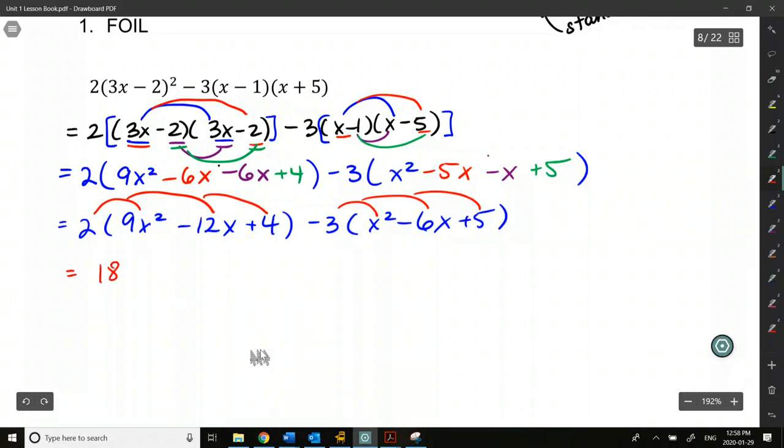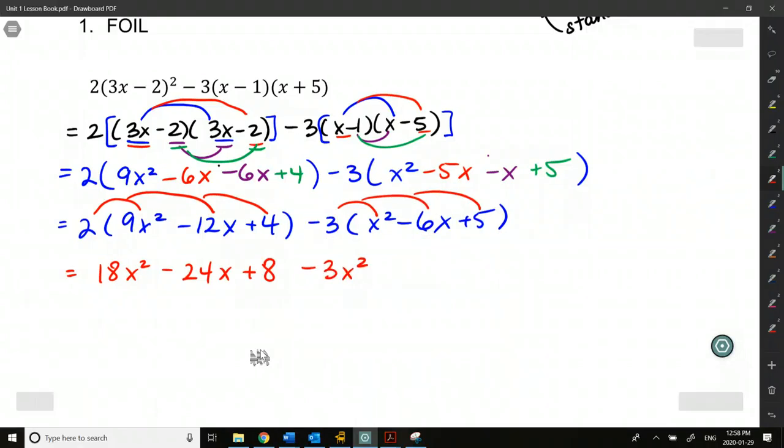So 18x squared minus 24x plus 8. And then, remember, we're multiplying here by negative 3. So negative 3x squared, negative and negative here make positive. So positive 18x. And then negative and positive here make negative 15.